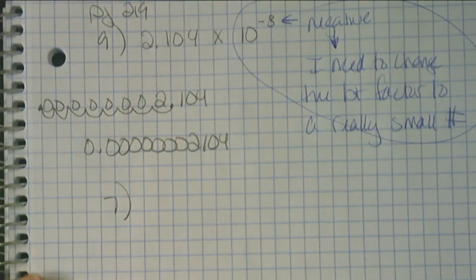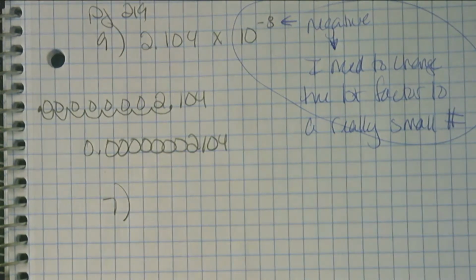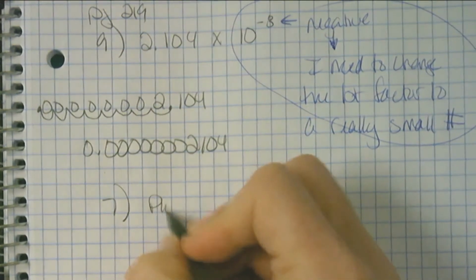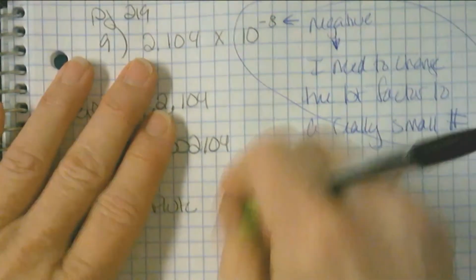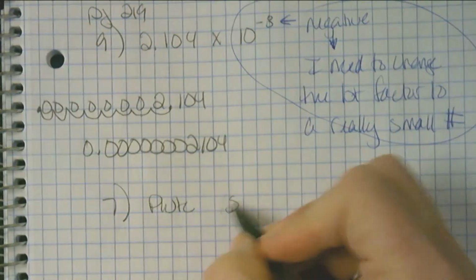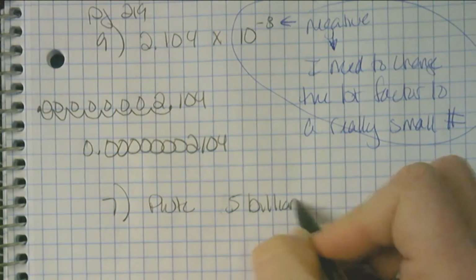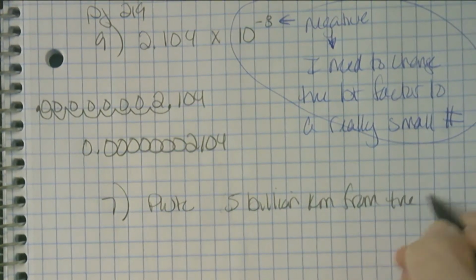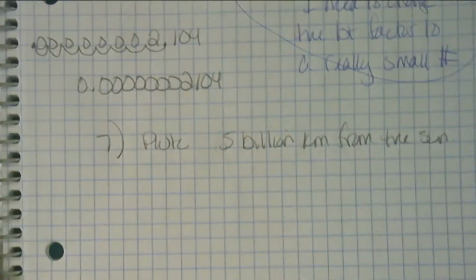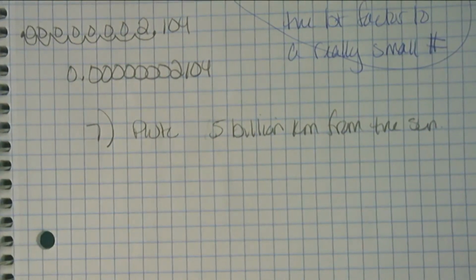But if I take a look at number 7, it said Pluto is 5 billion kilometers from the sun. It said, write this in scientific notation.